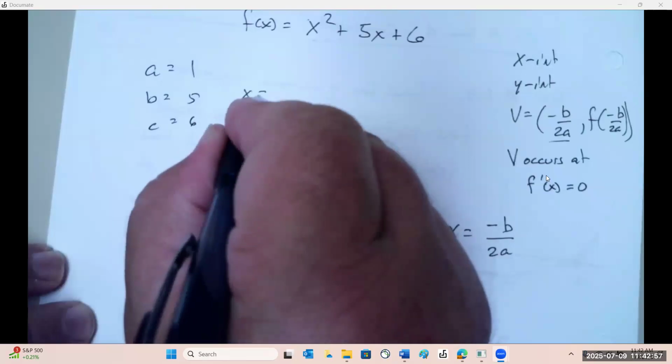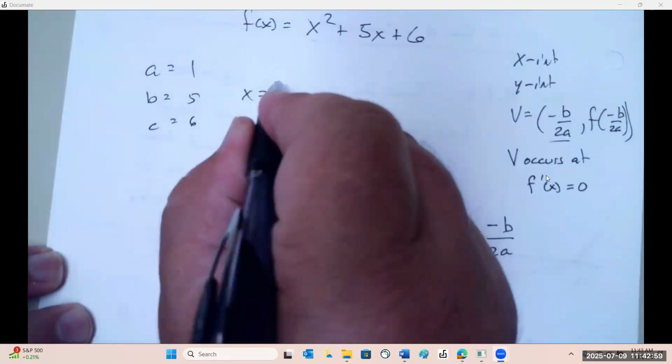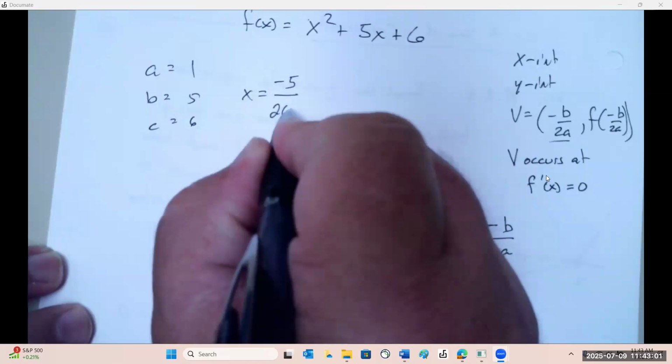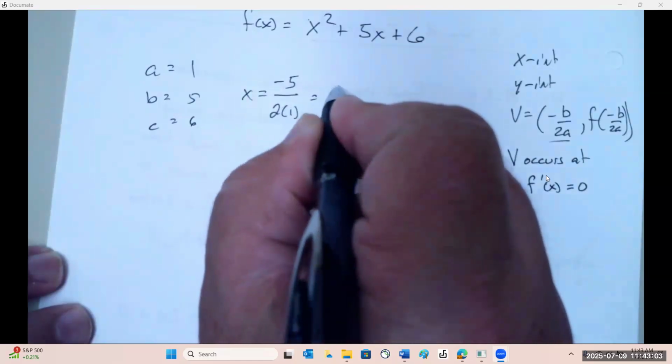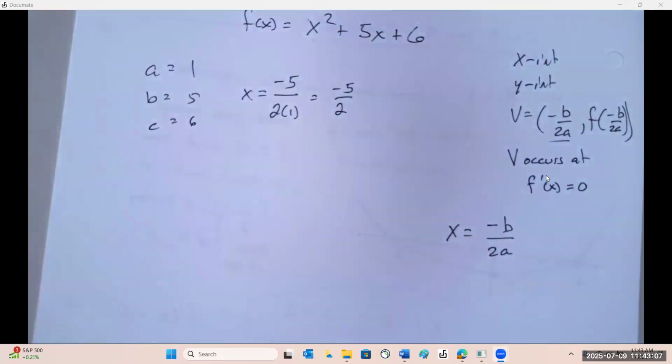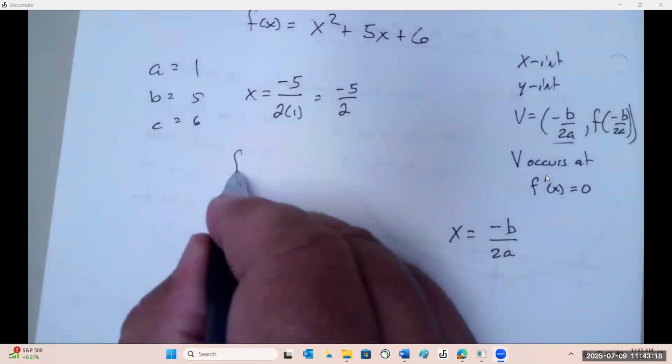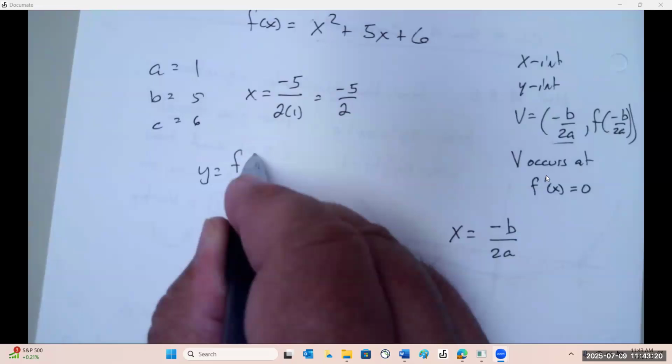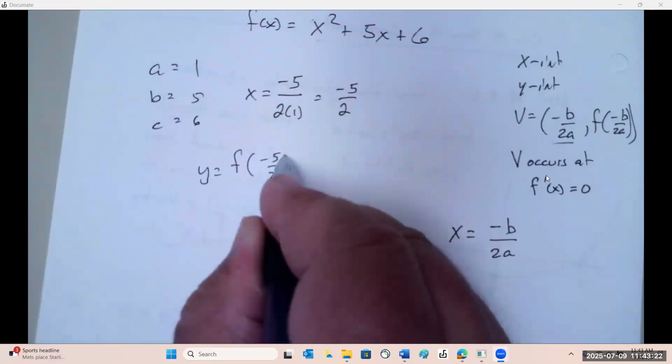So the x value, the axis of symmetry, the vertex occurs at negative 5 over 2. And then what do we do at this value? To find the y value, we plug it back into our original equation.